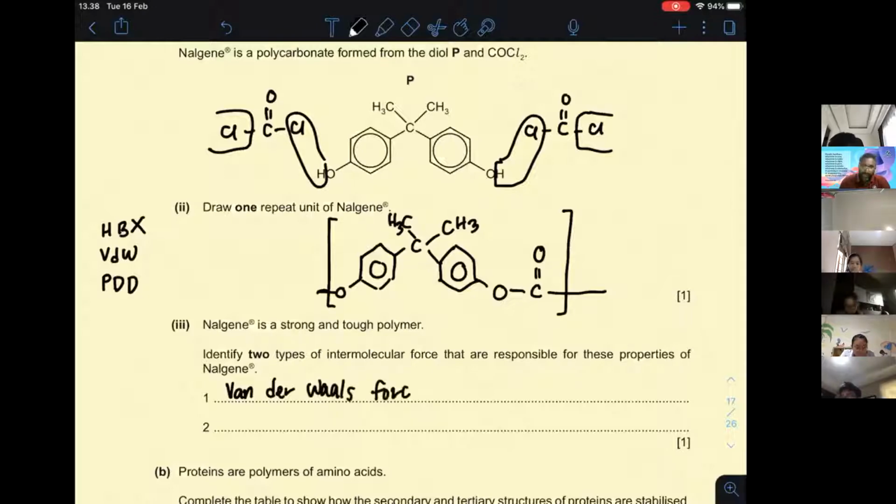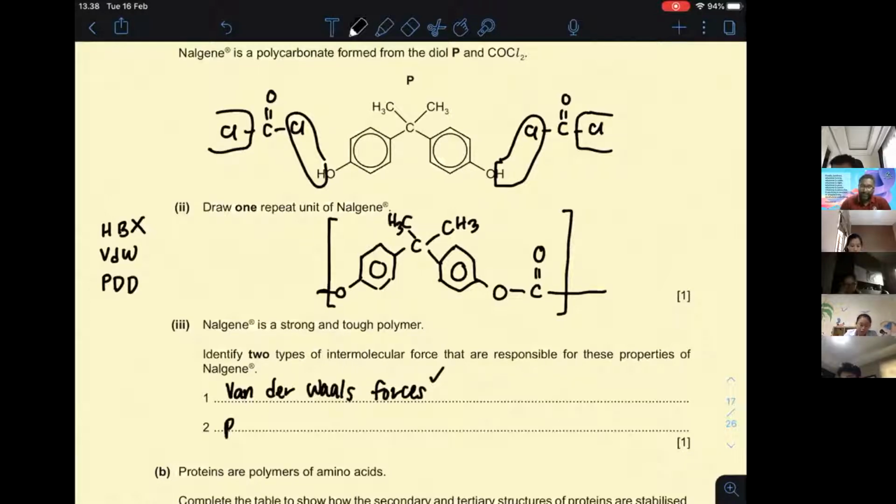In your marking key, they give it as ID forces, induced dipole, or London forces. But all these are van der Waals forces of attraction. So you can write down van der Waals forces, no problem. And here is going to be permanent dipole forces.